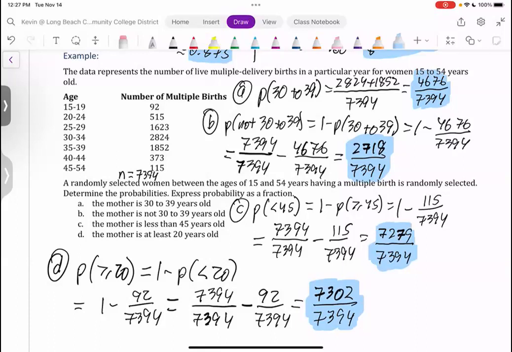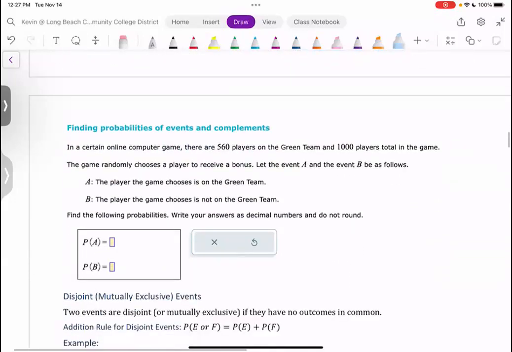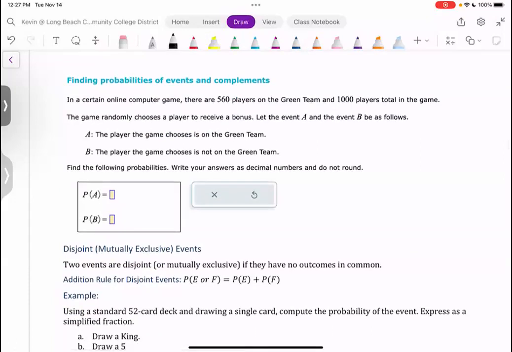All right, let's move on to some ALEKS examples. In a certain online computer game, there are 560 players on the green team and 1,000 players total in the game. The game randomly chooses a player to receive a bonus. Let event A and event B be as follows. A is the player the game chooses is on the green team. And B is the player the game chooses is not on the green team. So that's going to be the complement.